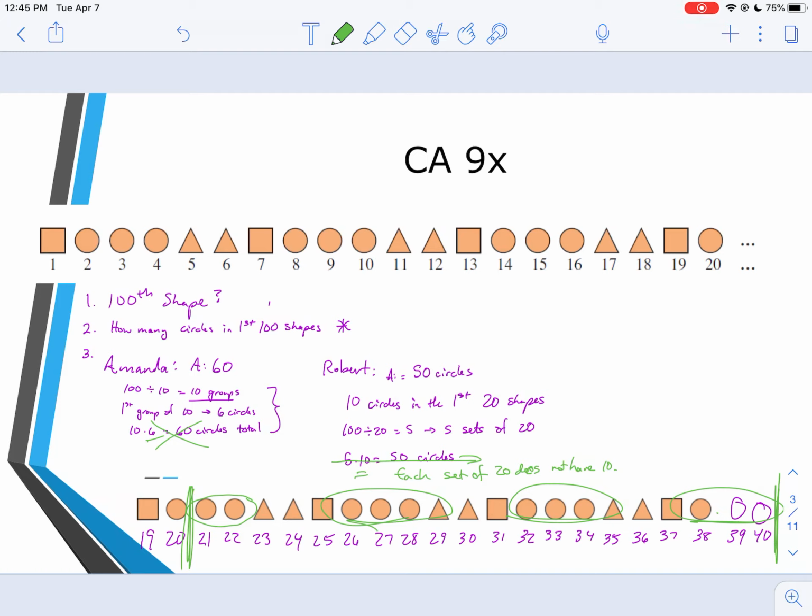Now I'm not saying the answer is not 50. It might come out to that if these kind of balance out. This one had, how many did it have again? 11. This one up here had 10. Maybe the next set will have 9 and it'll kind of balance out. I don't know. But Robert's reasoning at least has an issue because each set of 20 doesn't have 10.